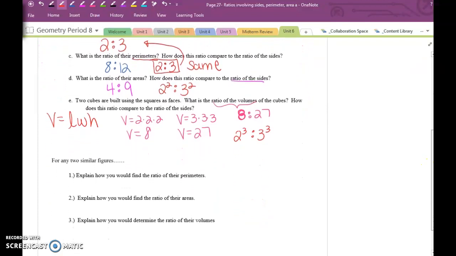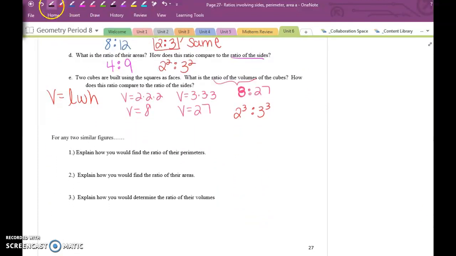So now for any two similar figures, to find the ratio of the perimeters, that's just going to be the same as the ratio of the sides. The ratio of the perimeters is the same as the ratio of the sides. So if you know one, you know the other.